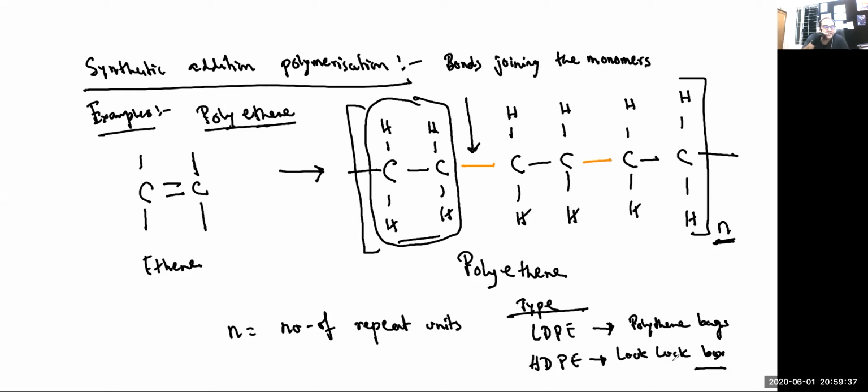High density polyethylene means per unit volume, you have more number of ethene molecules. One example of low density polyethylene is polythene bags which we use in our markets. When you go shopping, they hand you a polythene bag. That is low density polyethylene.